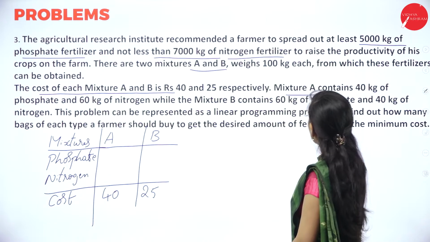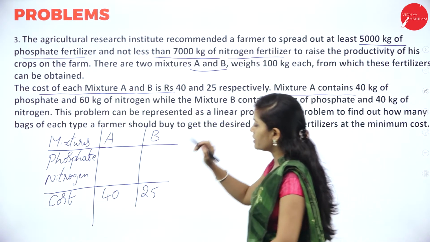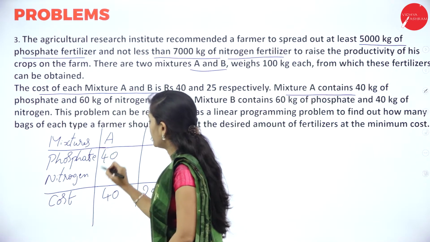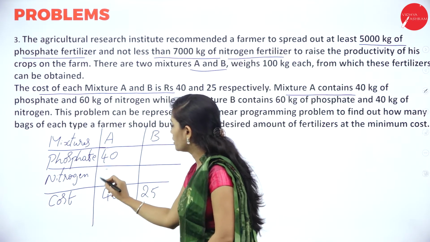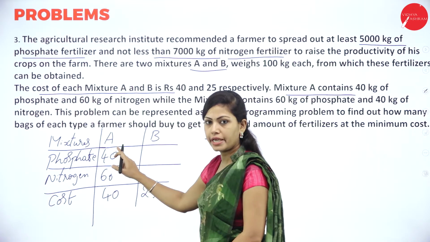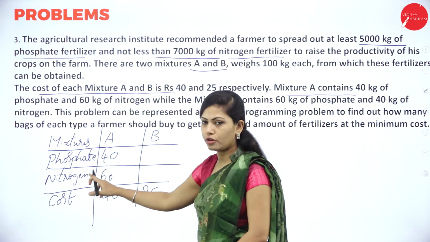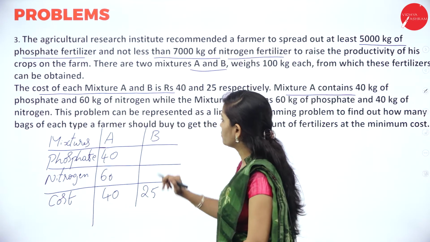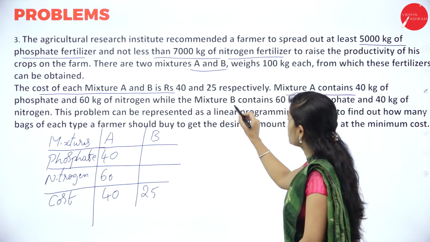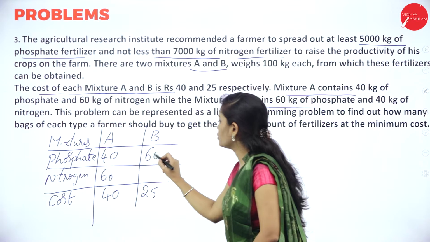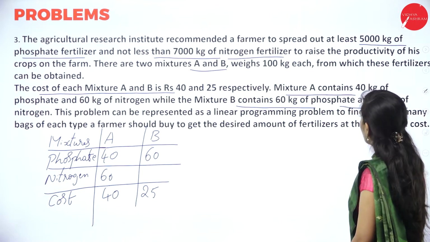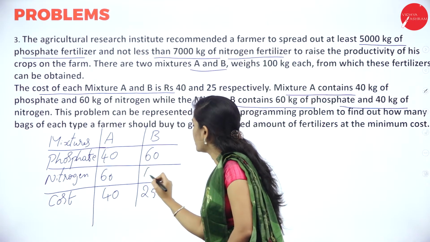And mixture A contains 40 kg of phosphate and 60 kg of nitrogen, while mixture B contains 60 kg of phosphate and 40 kg of nitrogen.